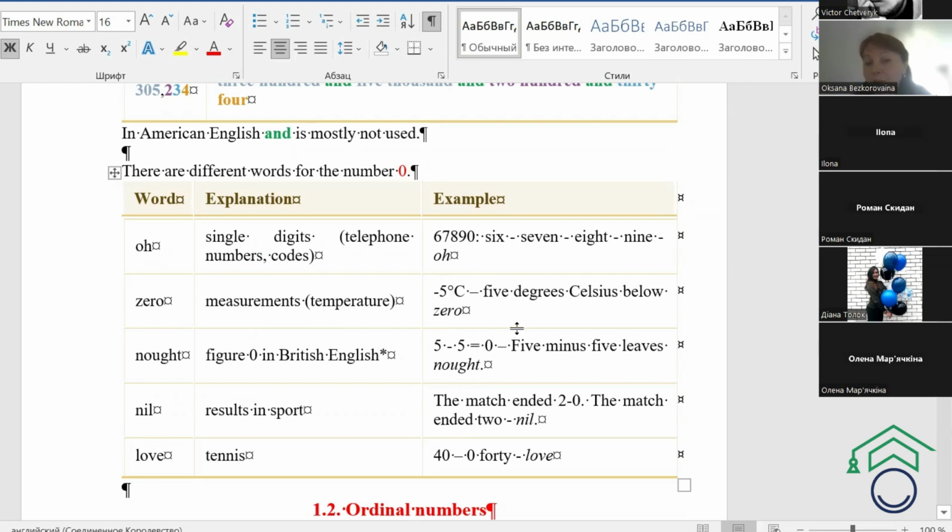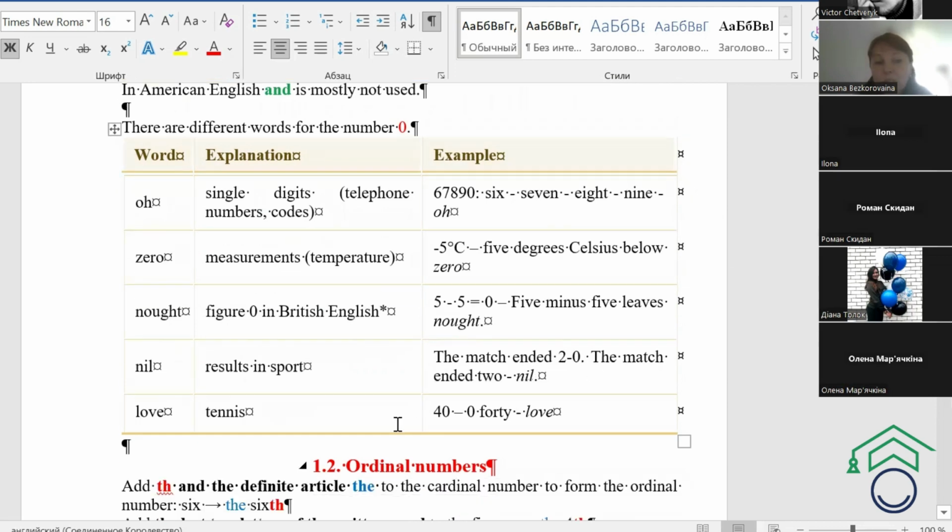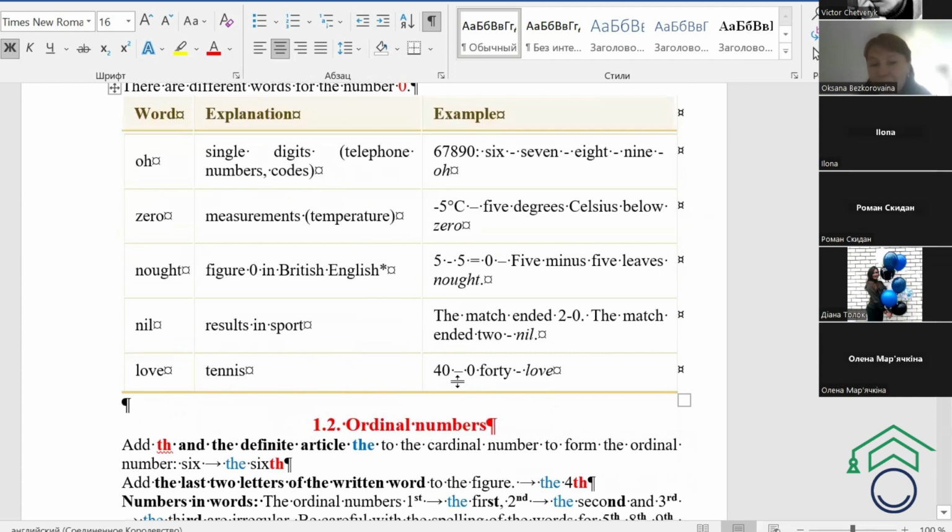For example, 5 degrees below 0. Not, it is in British English, 5 minus 5 leaves not. Nil, results in sport. The match ended 2-0. 2-0. Love, tennis. 40, love.